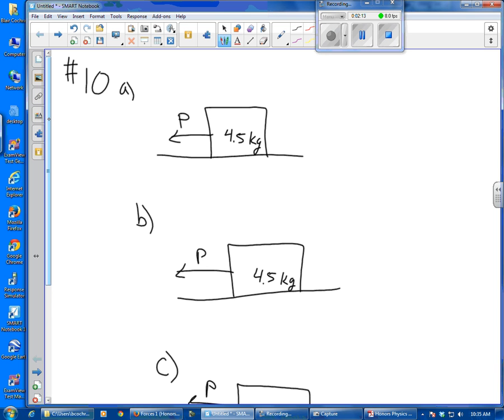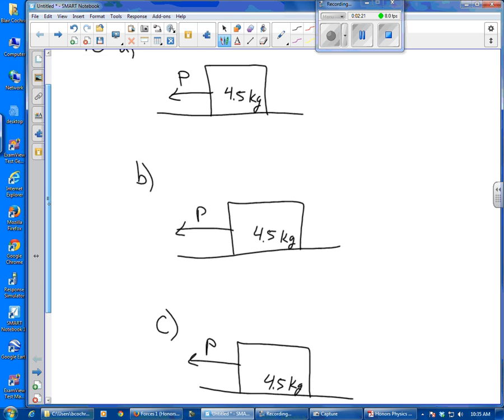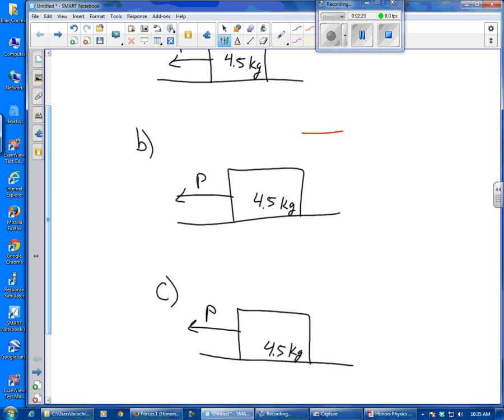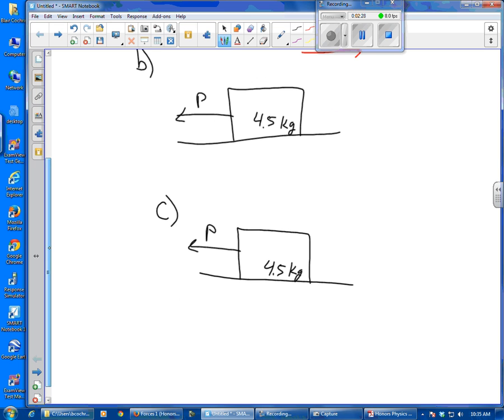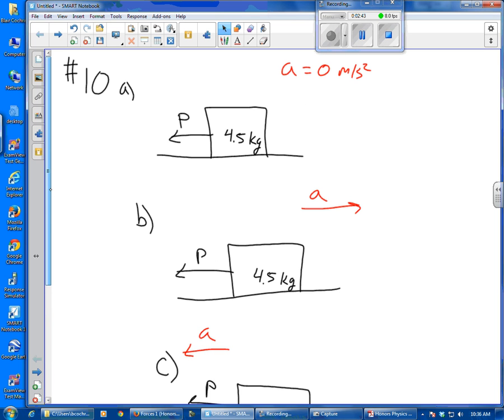In the first case, acceleration is 0. In the second case, it tells me my acceleration is that way. And in the third case, it tells me my acceleration is that way. So those are almost done, except I have some other forces going on here.